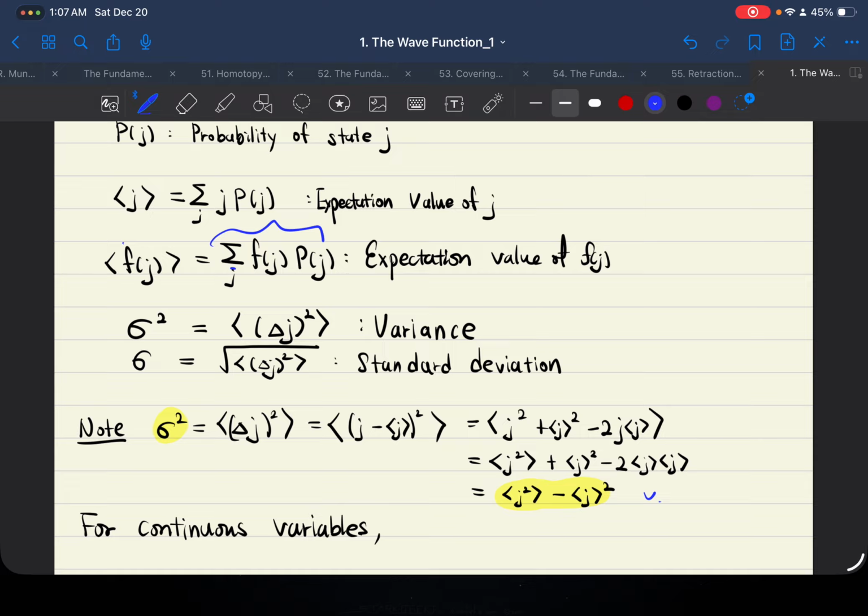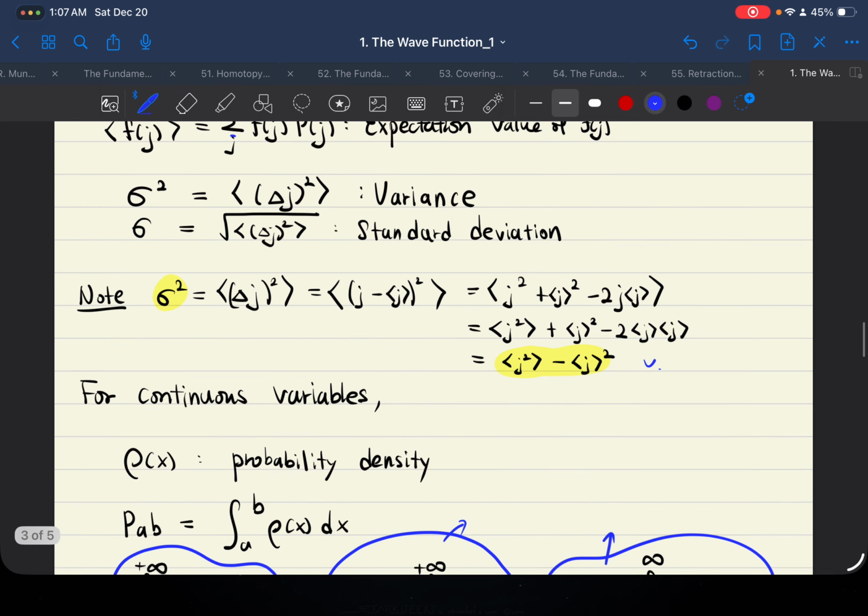We call it the standard deviation. And here is a very useful formula between sigma squared and j squared: sigma squared is equal to the expectation value of j squared minus the square of the expectation of j. Very simply computed.